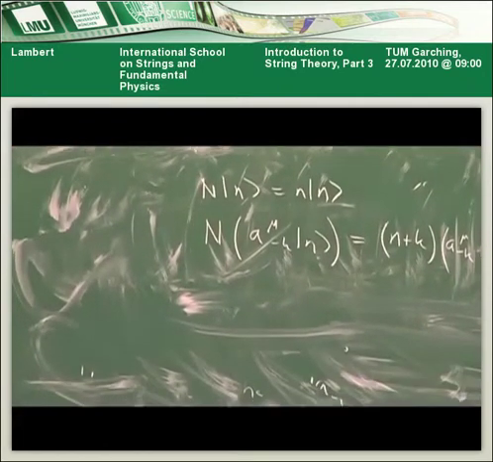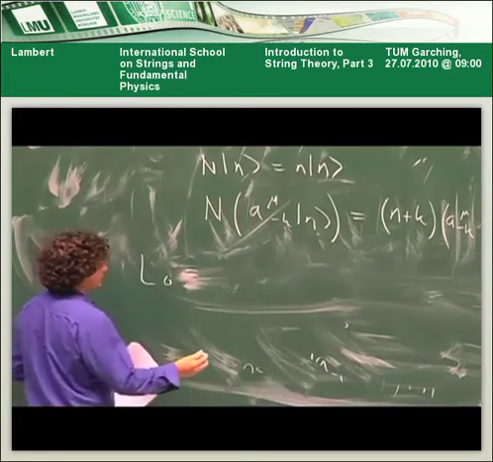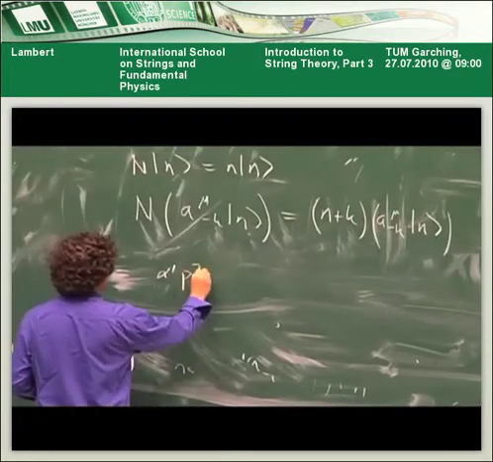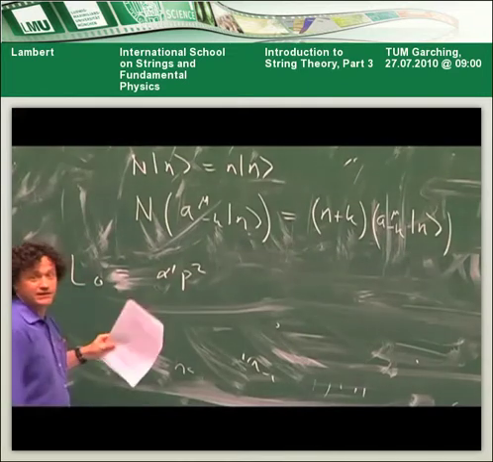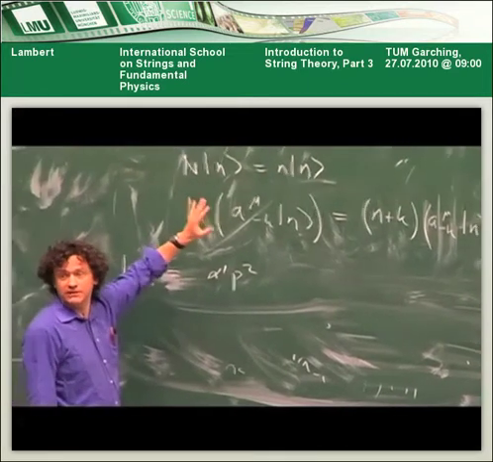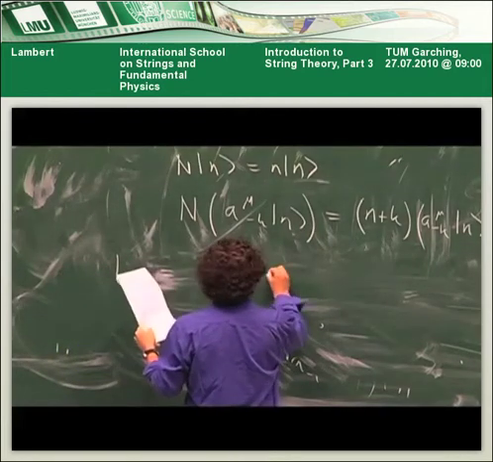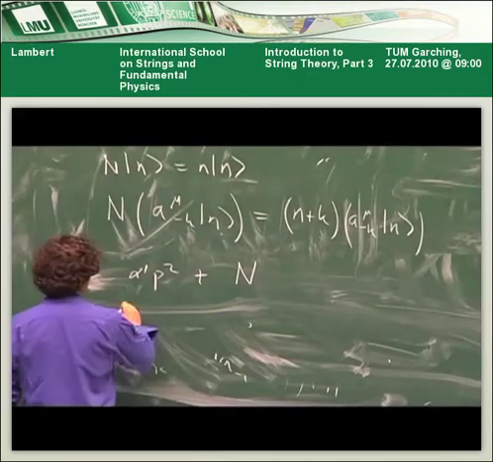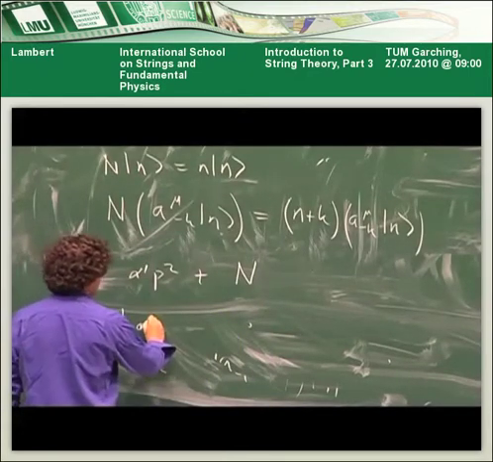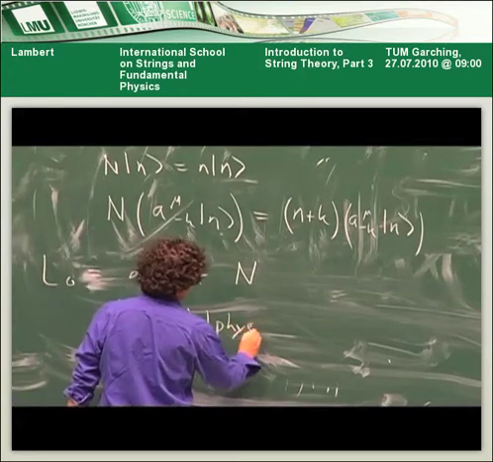Well, what's L0? Normal ordered, of course. It's alpha prime p squared. There's no factor of a quarter here because of that redefinition I told you about. But in the exam at the end of this course, you won't be asked about these details. And you add n, and then the physical state condition is L naught minus a on a physical state vanishes.